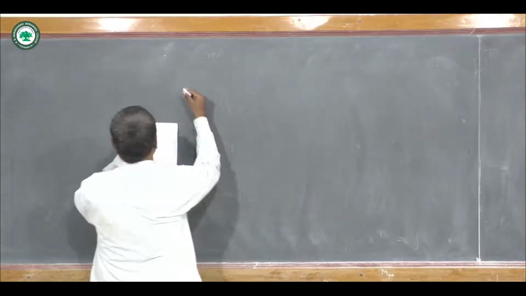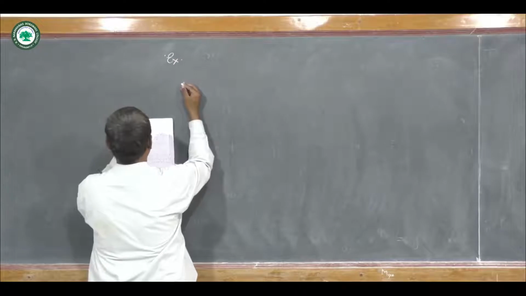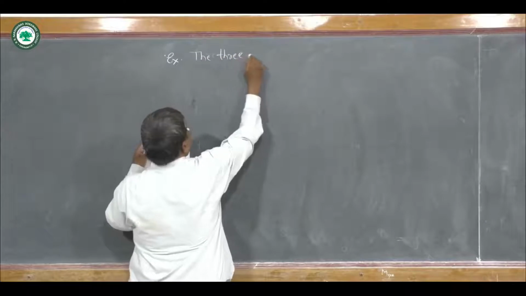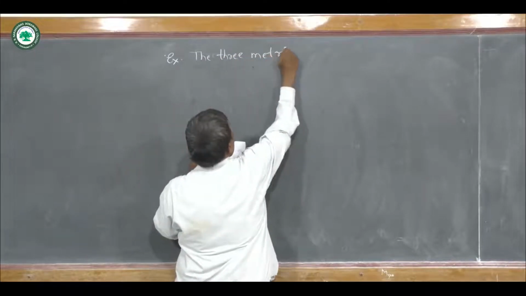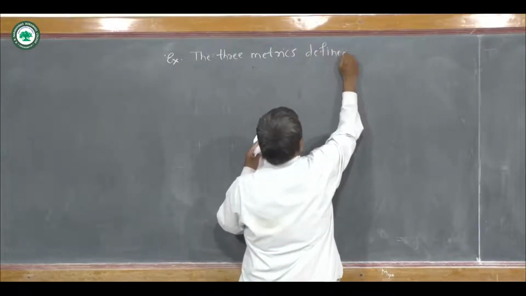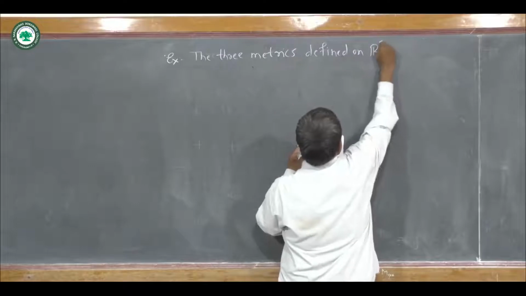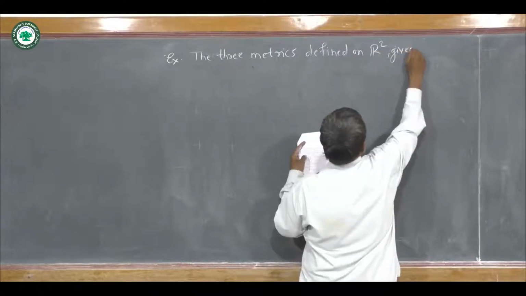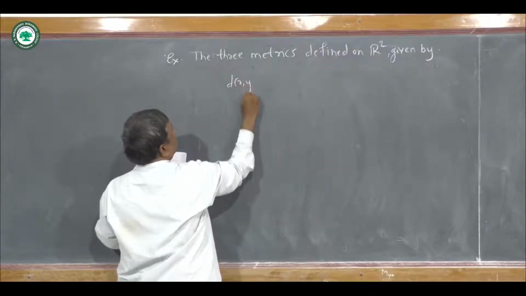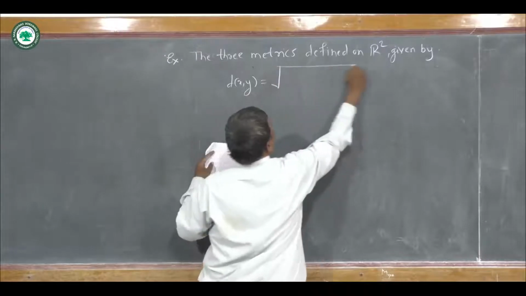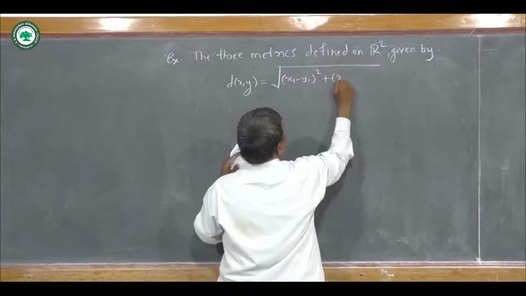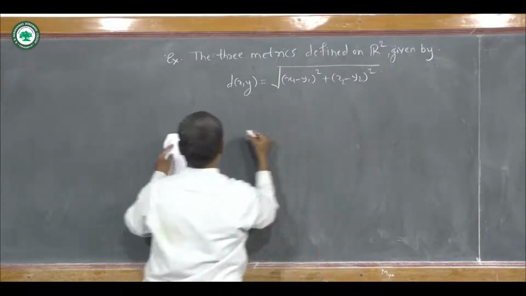Example: the three metrics defined on R2, which are given by, your first metric is D of X, Y is the square root of (X1 minus Y1) whole square plus (X2 minus Y2) whole square.